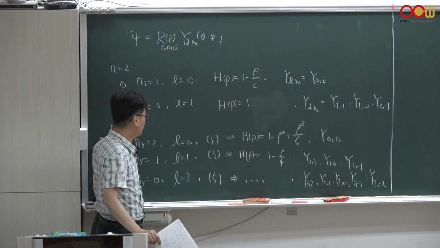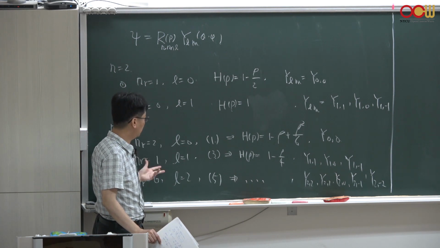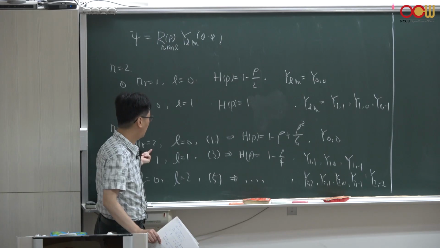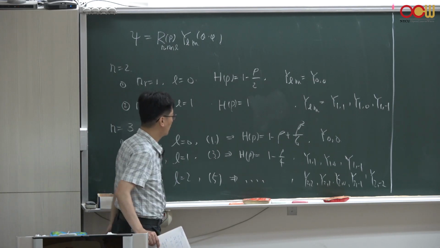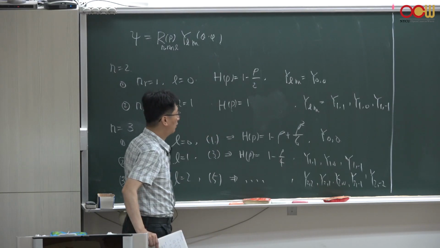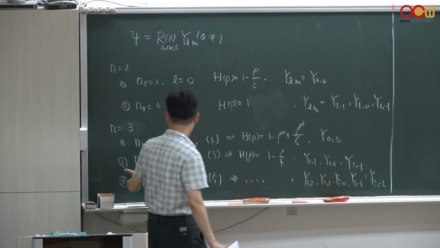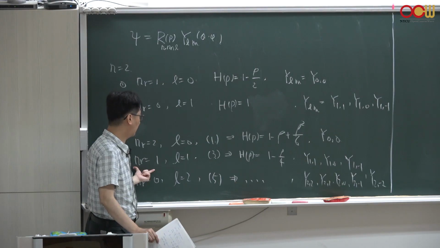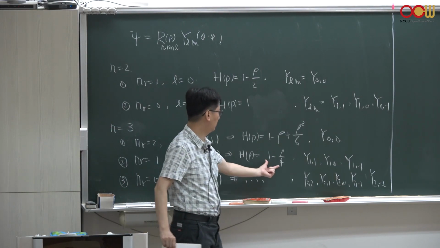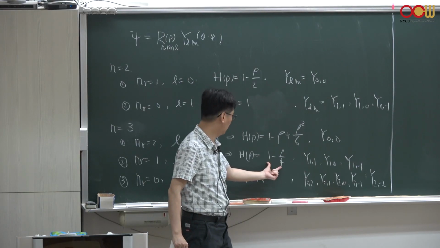And for n equals 3, we have three different cases with different degeneracies. In the first case, when L equals 0 and nr is 2, and there's just one unique state, this H polynomial is given by these three terms. The Y of l m is simply Y0,0. In the second case, when L is 1 and nr is 1, you have three degenerate states. The H of rho is given by 1 minus a quarter of rho.